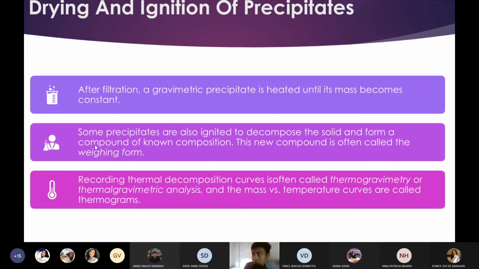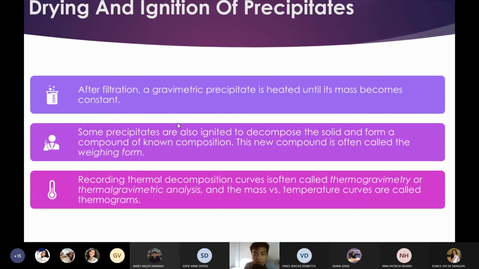Other ways ito naman yung iba, pwede mo siya i-ignite, pwede mo siya sunugin, okay? Susunugin mo siya directly by heat. Aapuyan mo siya para mas matanggal agad yung water. Okay. May mga precipitate or colloids na mas okay sa drying, merong mga precipitate and colloids na mas okay sa ignition. Okay. So depende 'yon dito.